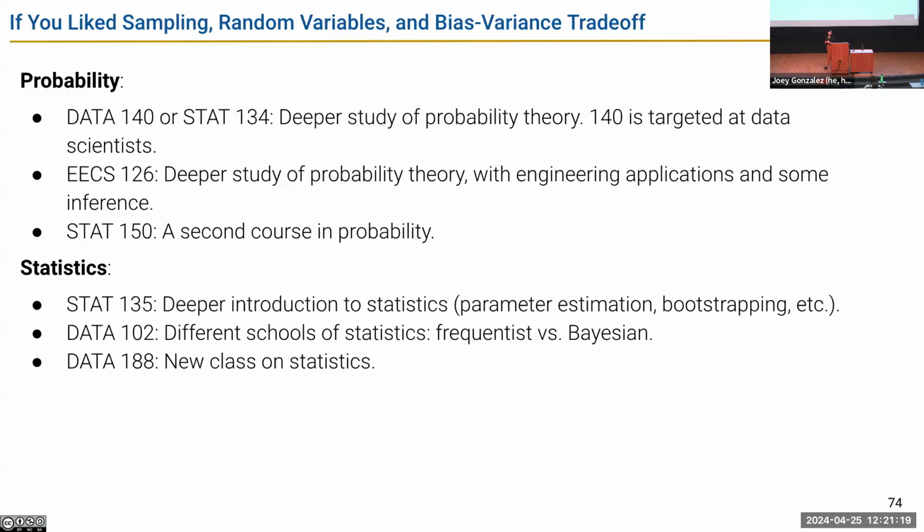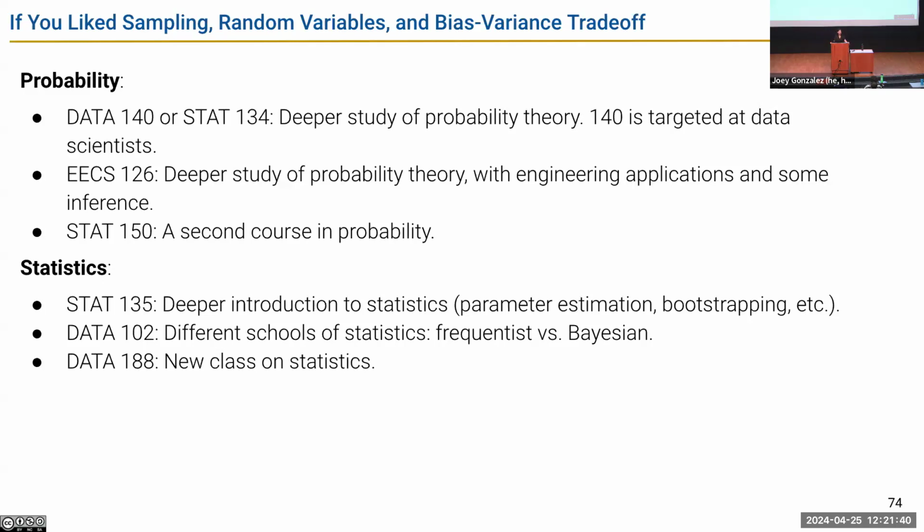We also have some good stats courses. So we have Stat 135, Introduction to Statistics. If you love the bootstrapping piece of Data 100, this is a course that you might want to take afterwards. Data 102 is partly deep learning, partly inference and causal inference, and partly a little bit statistics.